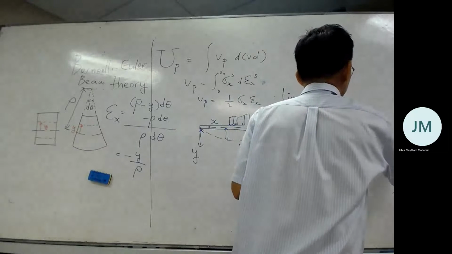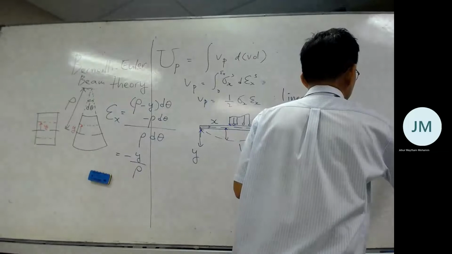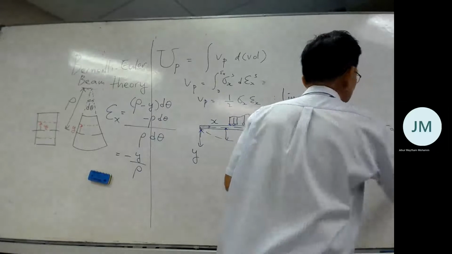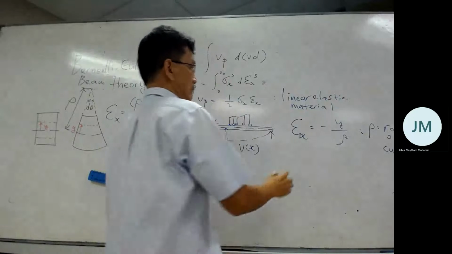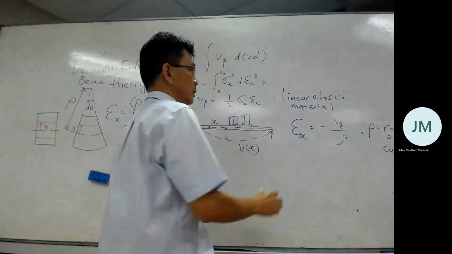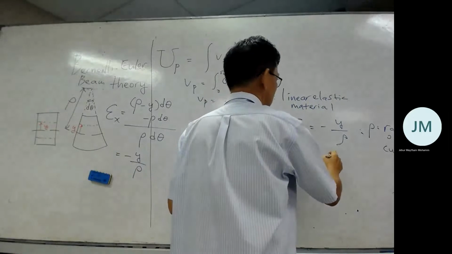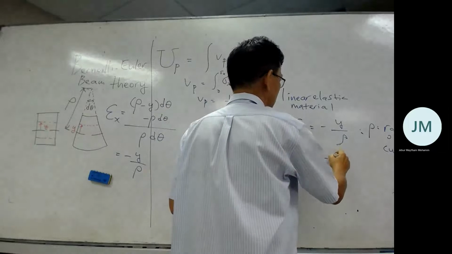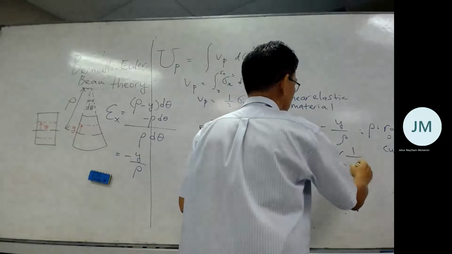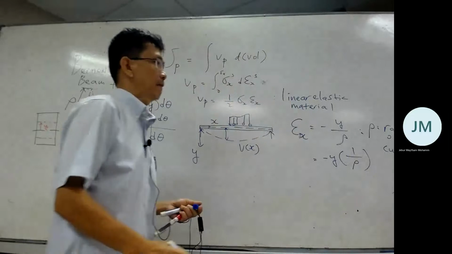I write this as minus y times 1 over rho.